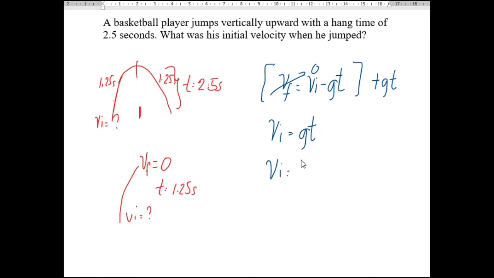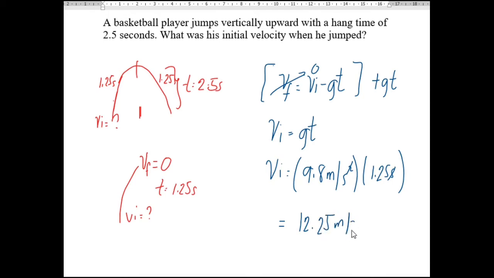The initial velocity is 9.8 meters per second squared multiplied by the time, 1.25 seconds. Cancel ang isang second. So our initial velocity is 12.25 meters per second.